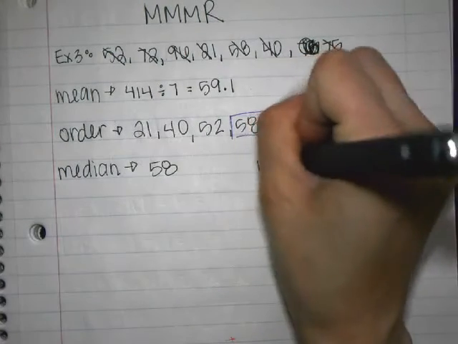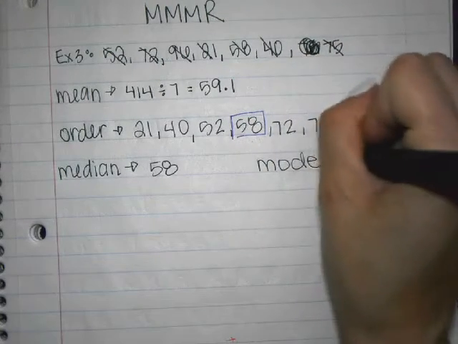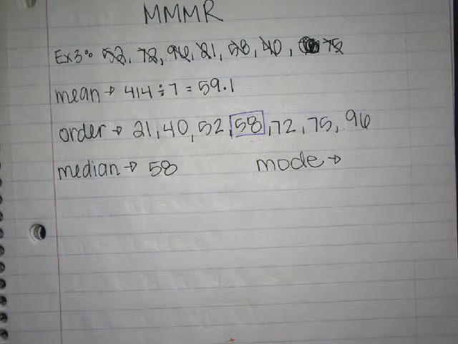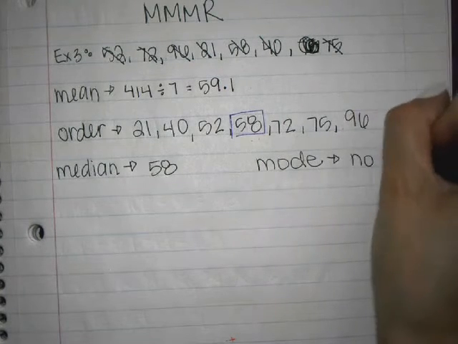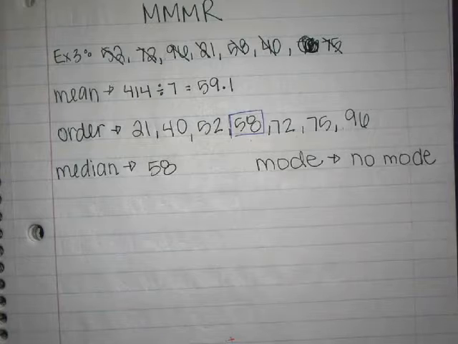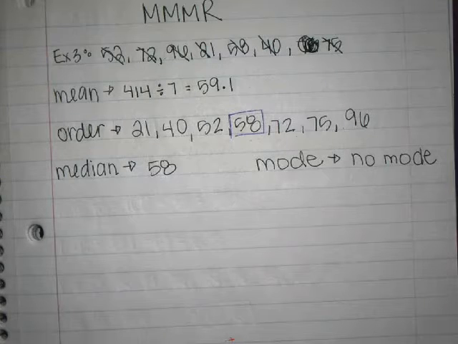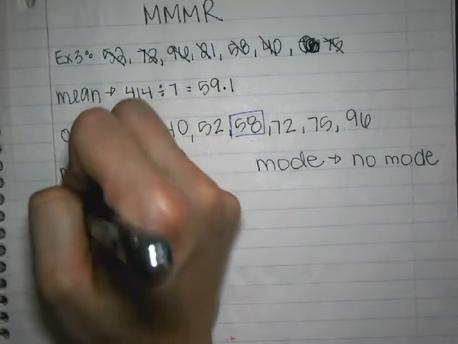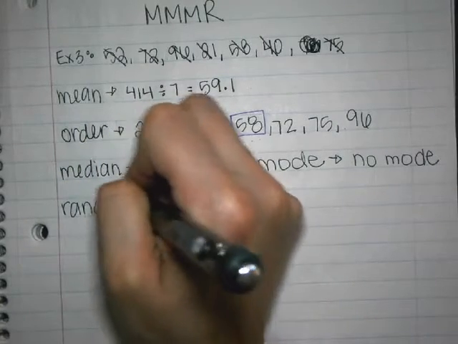Do the mode with your partner. Go. What's my mode, everyone? No mode. There is no mode. Very good. No numbers appear more than once, therefore there is no mode. Range. Do the range for me. Go.